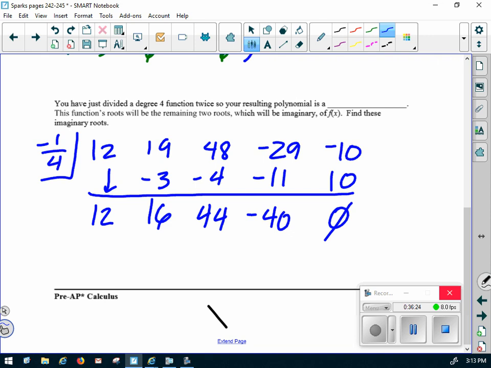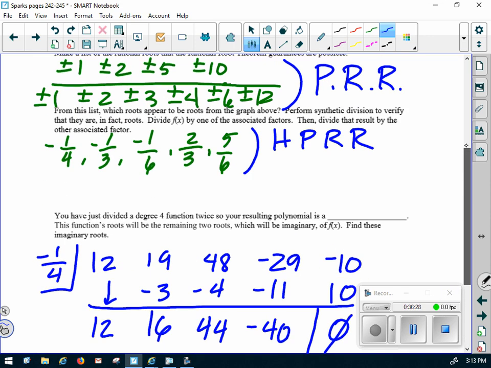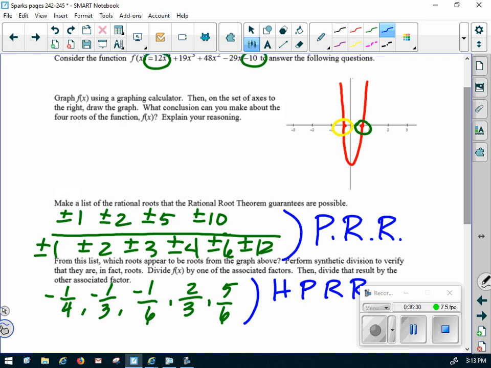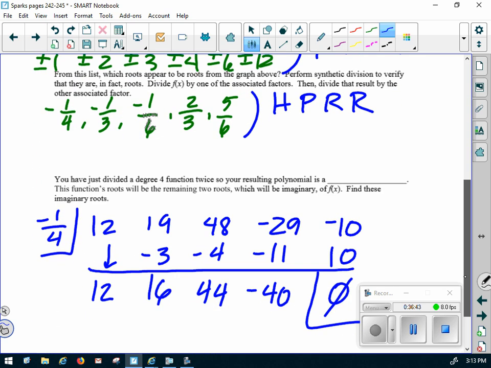Now, here's the nice thing. Negative 1/4 works. How many negative roots do we know there are? Just one. I found it. I do not have to consider any more of those negatives. I'm only going to consider a positive. Which positive one do you want to try?